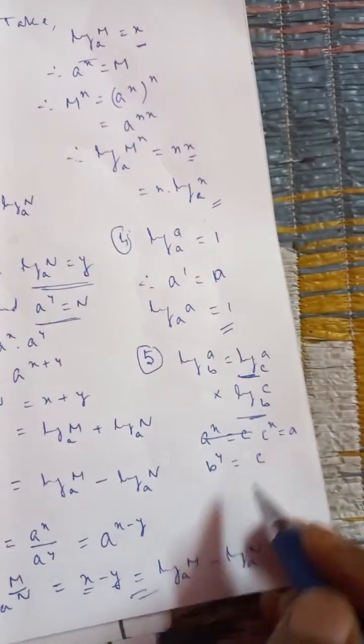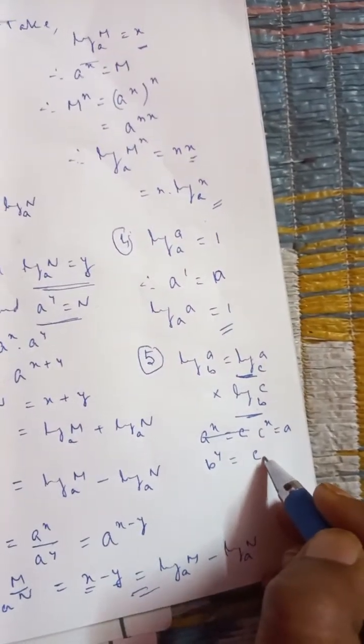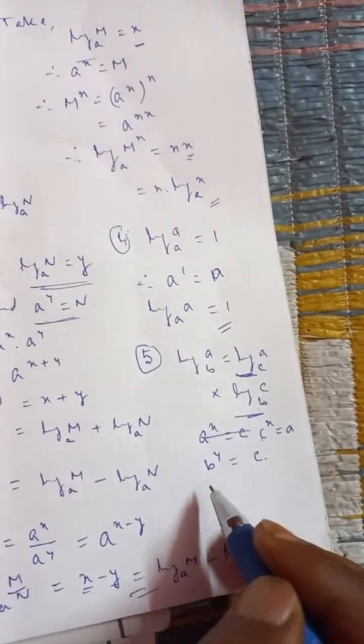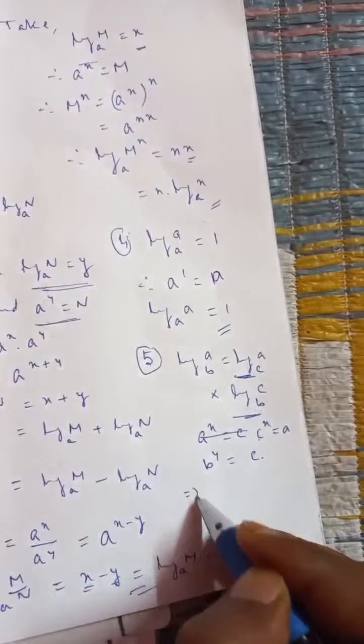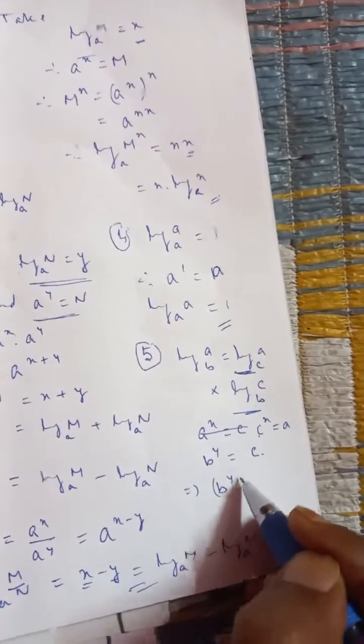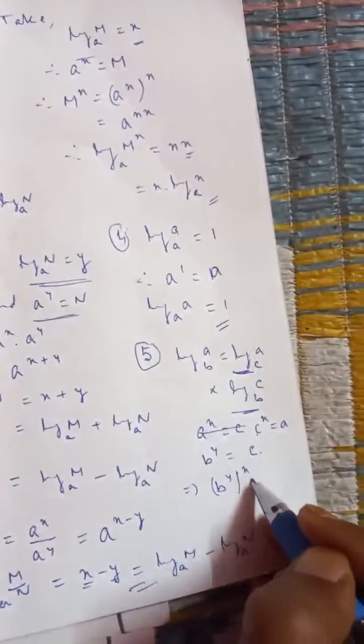Now if we replace c's value in the first one, then we will get b to the power y, whole to the power x, is equal to a.